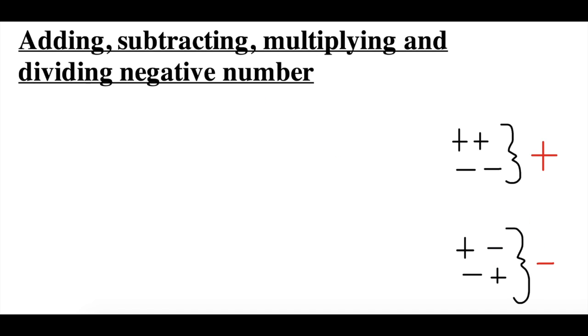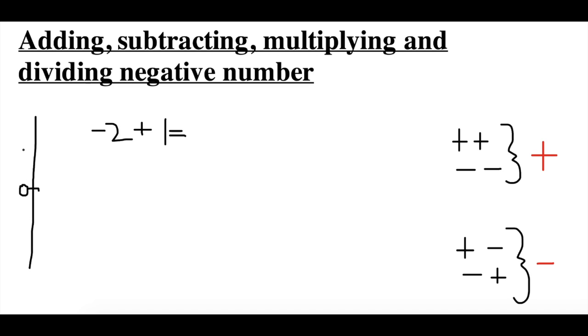So now we will go through some examples to get this into our heads. So let's start with the first example. -2 plus 1. So this is an easy one and you can use the number line to work this out. Let's make a number line. We have 0 in the middle.